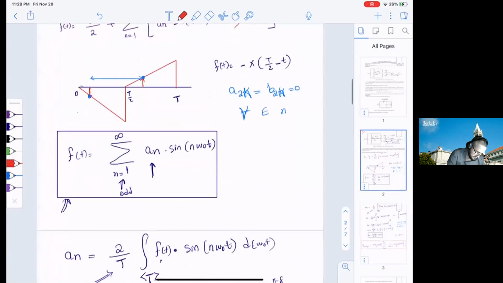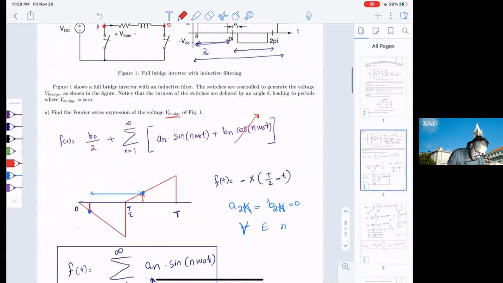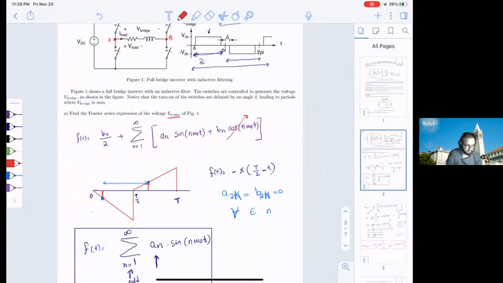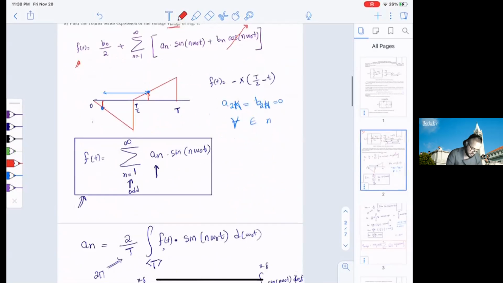Just to recap, we looked at the waveform right there. We looked at how the series should look. We found out it was odd, so all the cosine terms went away. We found it was half-wave symmetric, so all the even coefficient terms are going to be equal to 0. So it's just going to be all odds.